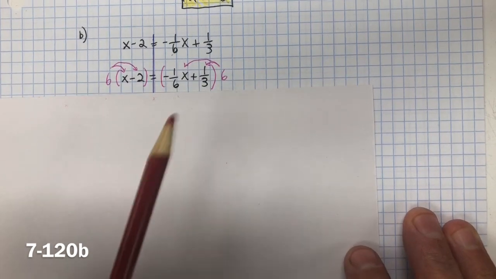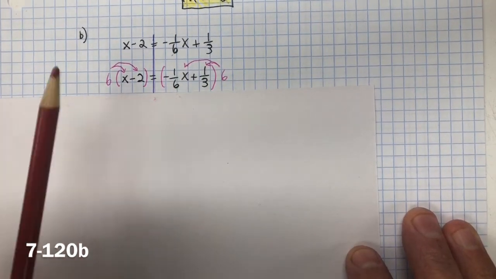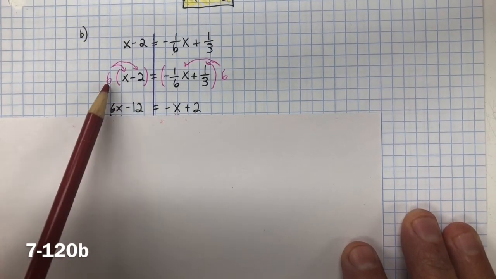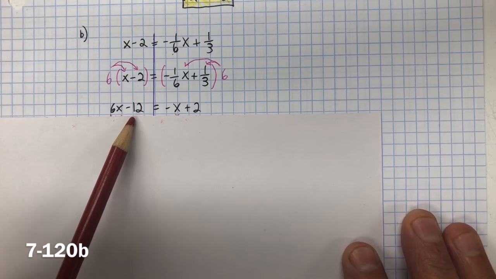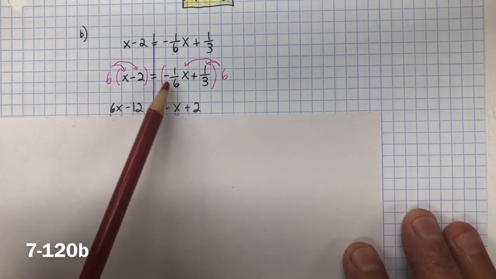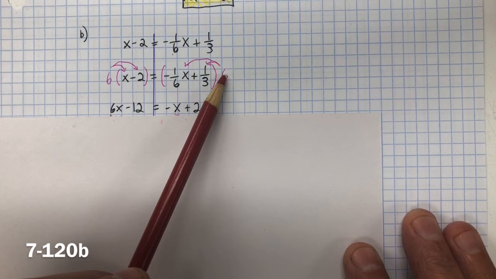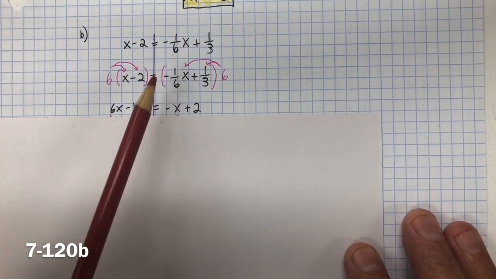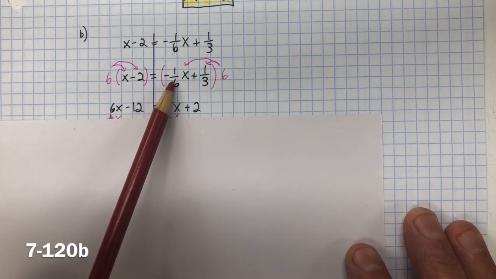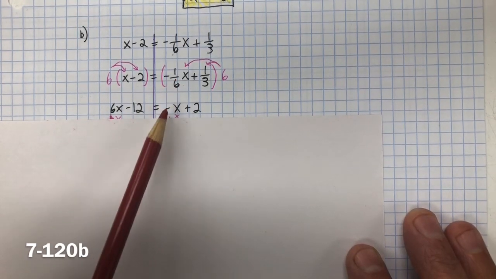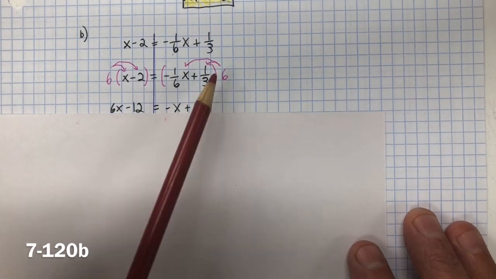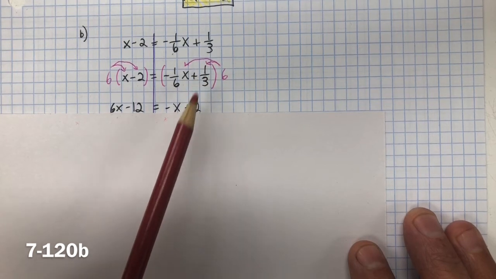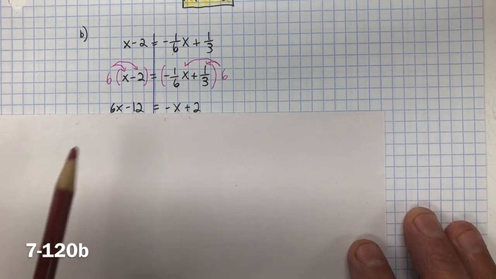So we're going to multiply each term by 6. 6 multiplied by x is 6x. 6 multiplied by negative 2 is negative 12. 6 multiplied by negative 1/6, 6 divided by 6 is 1, and 1 multiplied by negative 1 is negative 1. Negative 1 multiplied by x is just negative x. 6 divided by 3 is 2. 2 multiplied by 1 is 2. So we got positive 2.